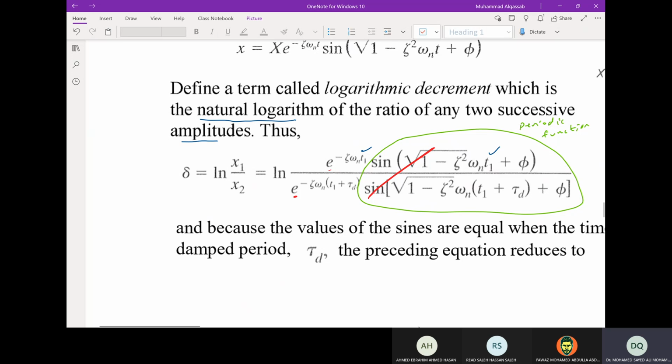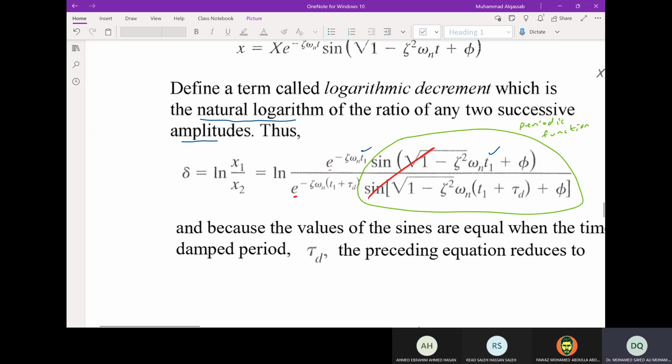If zeta is very small, as you can see from the graph, you have two equations. This is the exact equation, and this is the approximate equation for delta, and they are represented by this graph. They are in good agreement, as you can see from the graph, in the range for zeta less than maybe 0.3 or 0.2.